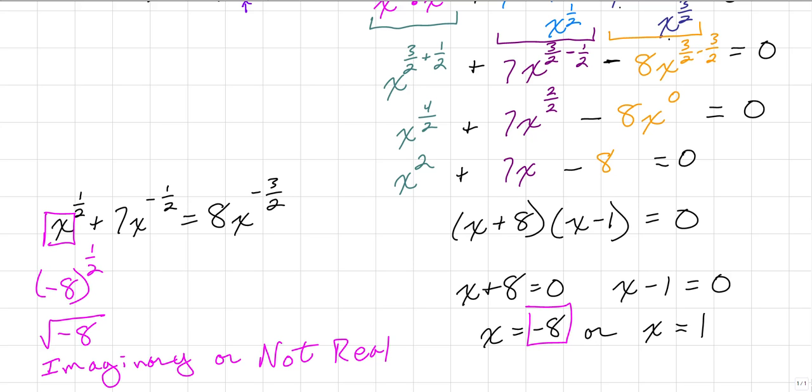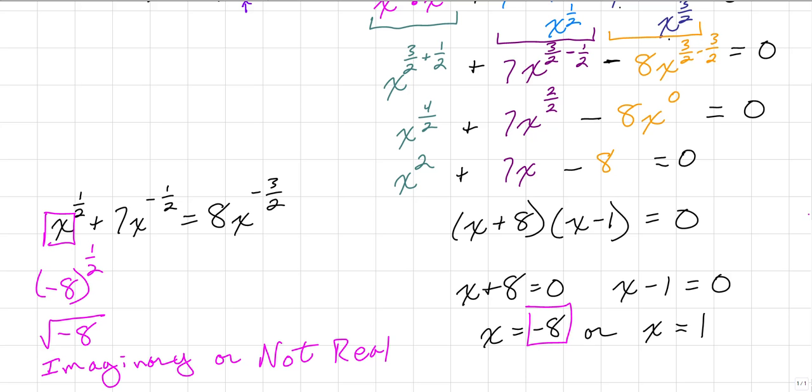And if I plug 1 into this, I'll get 1 plus 7 equals 8, because 1 to the 1/2 power is 1. 7 times 1 to the negative 1/2 power is going to be 7 over 1, and that's going to be 7, and then that's going to be equal to 8 times 1 to the negative 3/2 power, which is 8 over 1 to the 3/2, which is also 1.